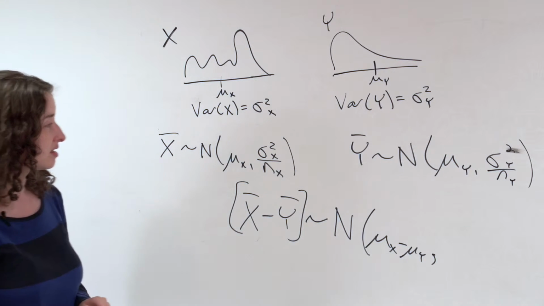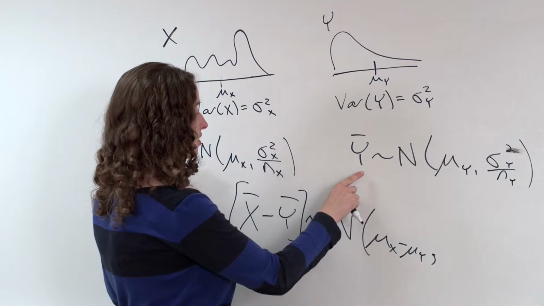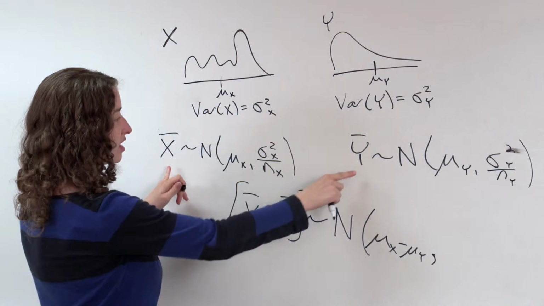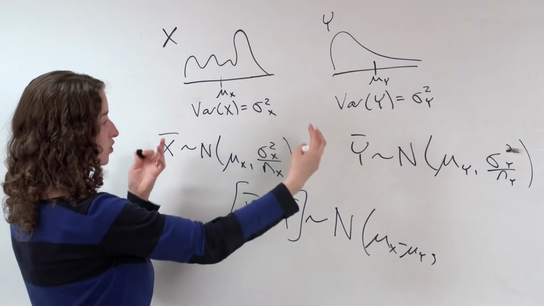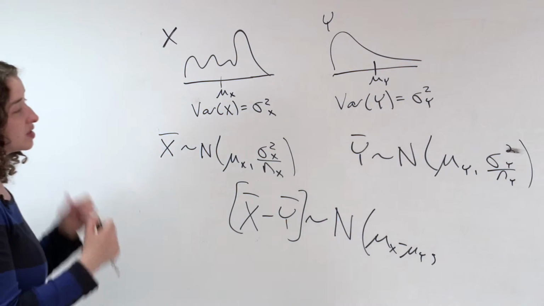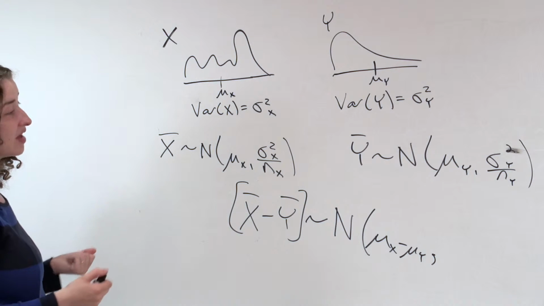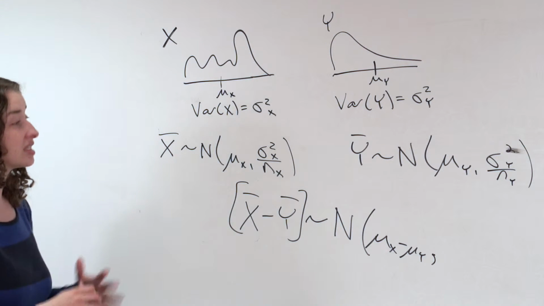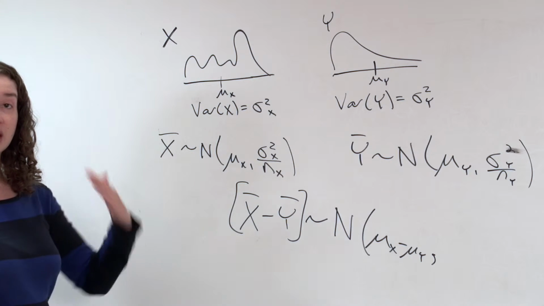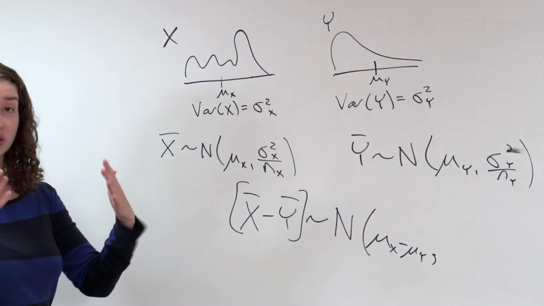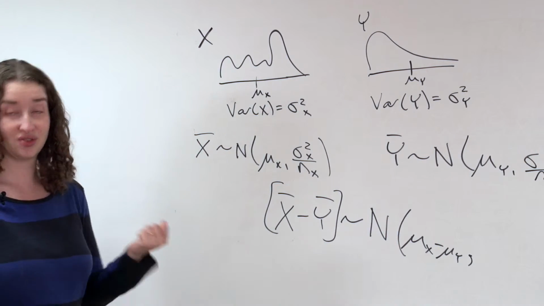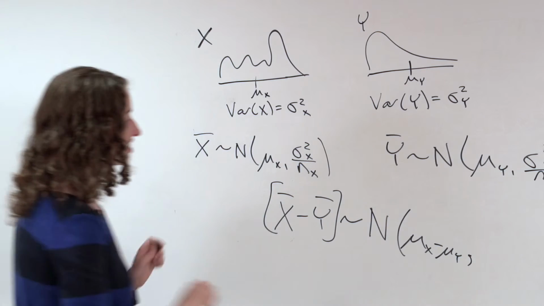What else? When you subtract two quantities that are random, so these are both sample means, and they're random because we could have many different samples from the population, when you subtract two quantities that have variance, the overall variance should increase, right? If I take a quantity that has uncertainty and another quantity that has uncertainty and subtract those two, overall the new quantity will have even more uncertainty. Okay?